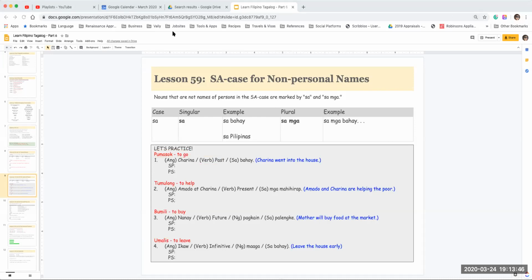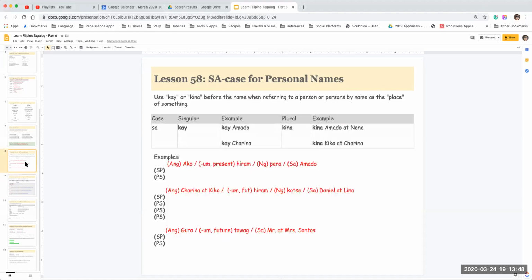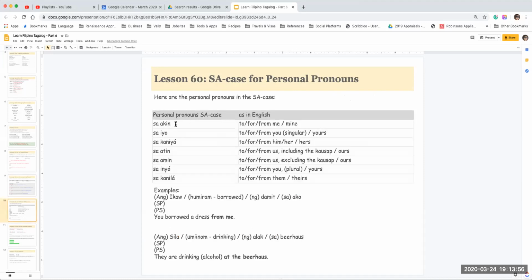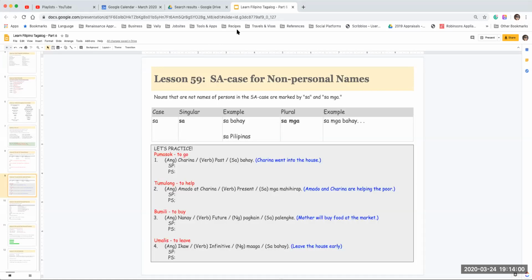By the way, I just showed you how to use the kay and kina for personal names. And for pronouns, you have to use this. But if it's a regular or general noun, a non-personal name, you just have to mark it with sa, just like what we've been doing, sa bakery, sa Pilipinas.